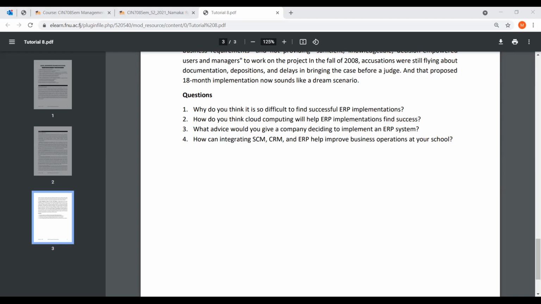With such complexity, how do you spell complexity? C-O-M-P-L-E-X-I-T-Y, complexity.